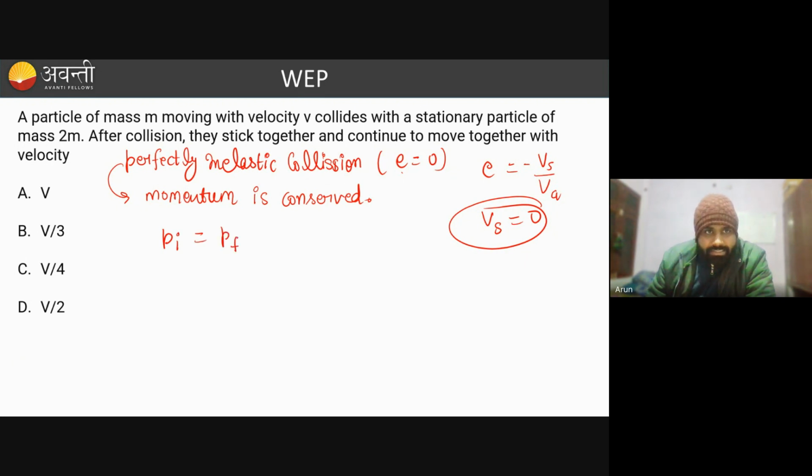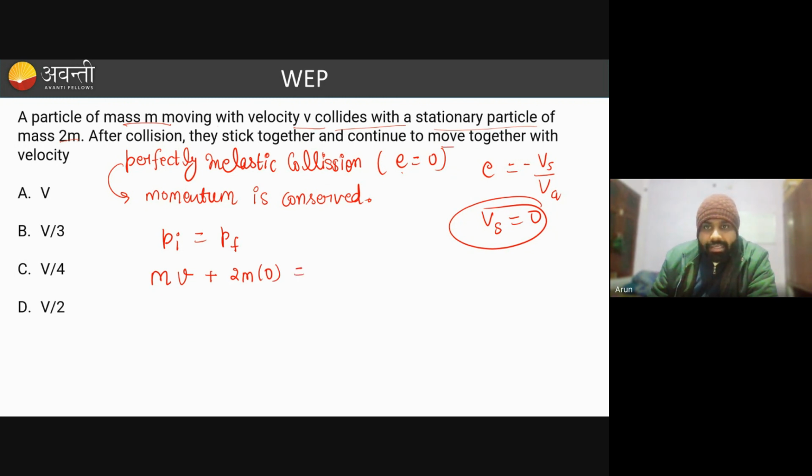Now, initially, a particle of mass m moving with velocity v collides with a stationary particle, which means that the other particle is not moving and has a mass 2m. By the formula of momentum, it is mass into velocity. So for this particle, mass is m, velocity is v, plus the second particle, mass is 2m, velocity is 0 because it is stationary.